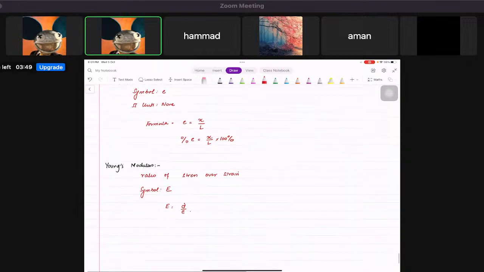We can further expand this by saying stress is force over area, divided by extension over original length. So area will multiply down and L will go up, which means Young's modulus can also be written as F times L over A times x. Mostly this formula will be used. The SI units, because it is stress over strain, where stress is pascals and strain has none, are also pascals.